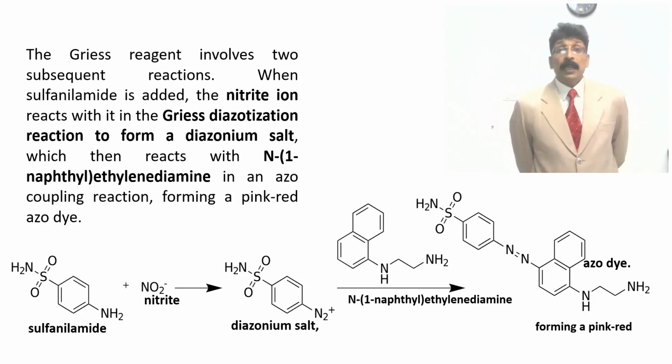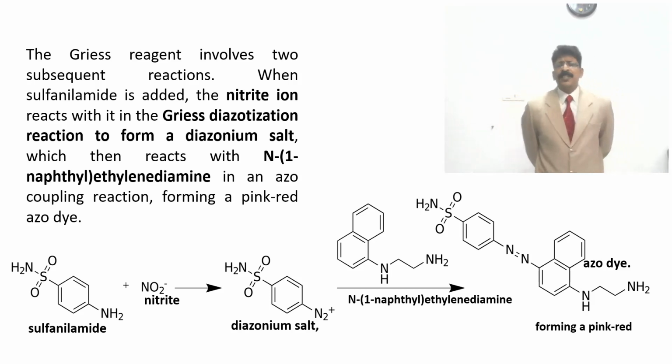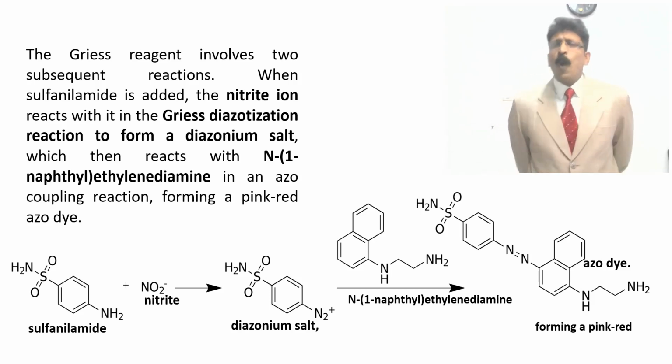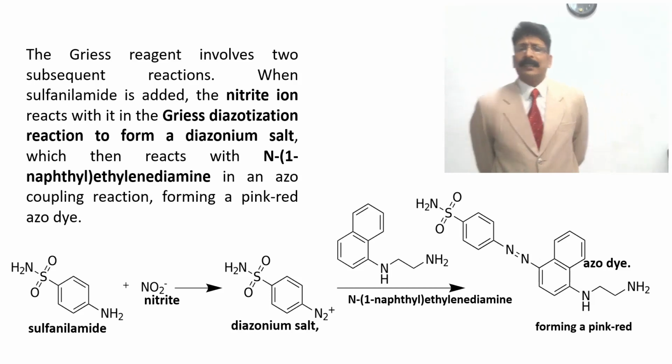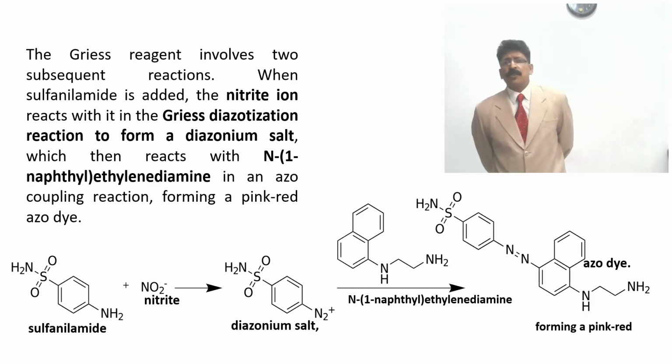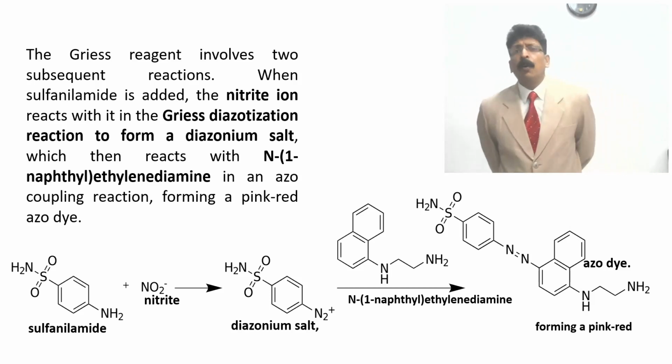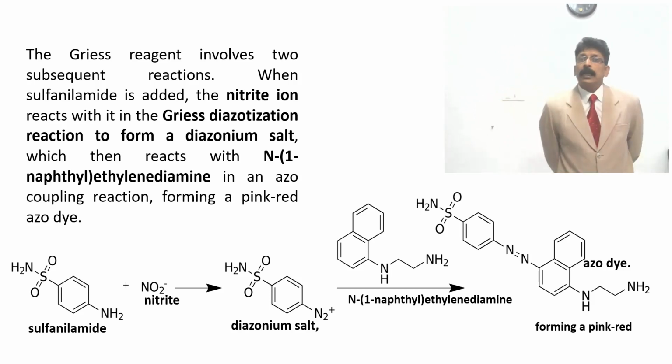Understand? So it forms a pink-red azo dye. Sometimes it is purplish because of a very low quantity of nitrite reacting with the diazonium salt. This can be measured at 540 nanometer in our UV-visible spectrophotometer.